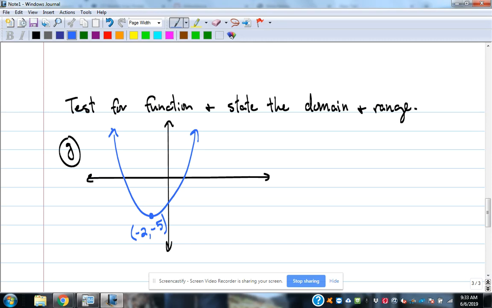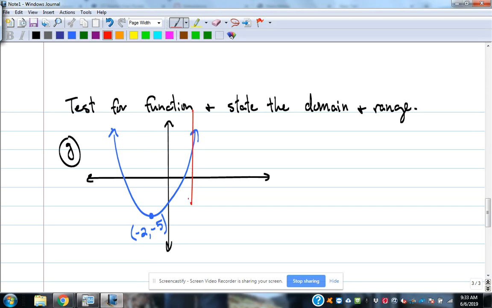The first thing that I want to do is test whether or not it's a function. So would this one pass the vertical line test or fail it? Drop a vertical line right there. It only touches in one spot. So that part's okay. Maybe if I drop it right here, that still only touches in one spot.